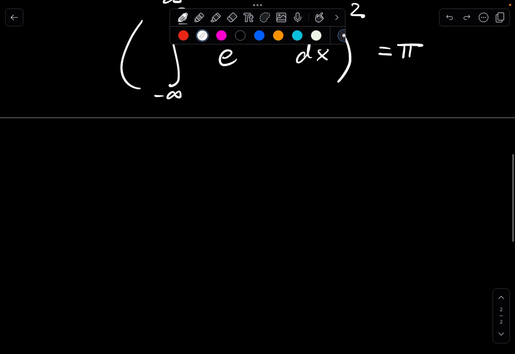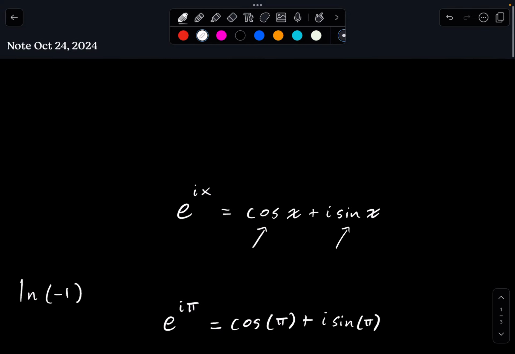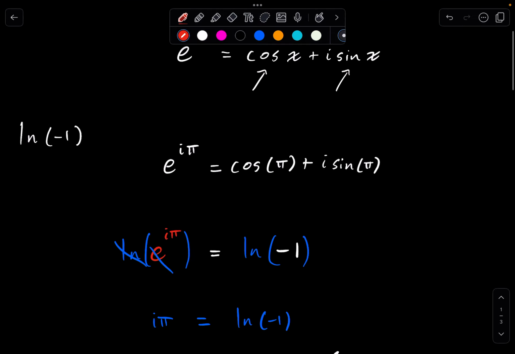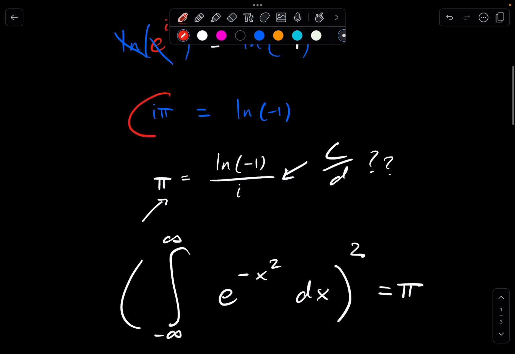So you can indeed say integral from -infinity to +infinity of e to the -x squared dx, squared, is equal to the natural logarithm of -1 over i, which is equal to pi, and you can have as many definitions as you want. It's pretty cool. So that concludes our video and answers the essential question, what's the natural logarithm of -1? The answer is i pi.